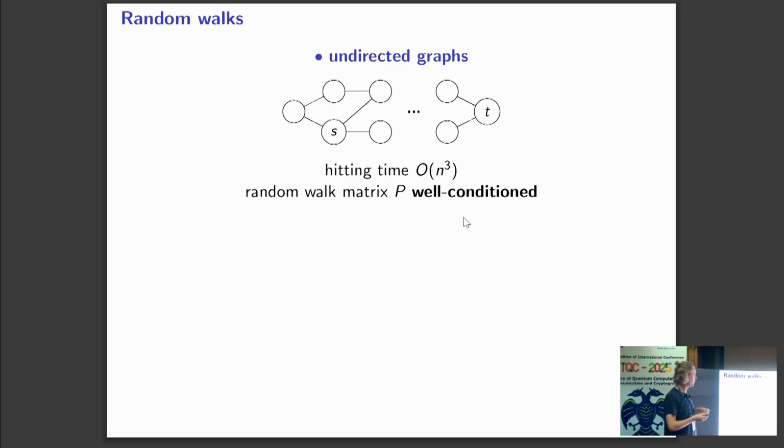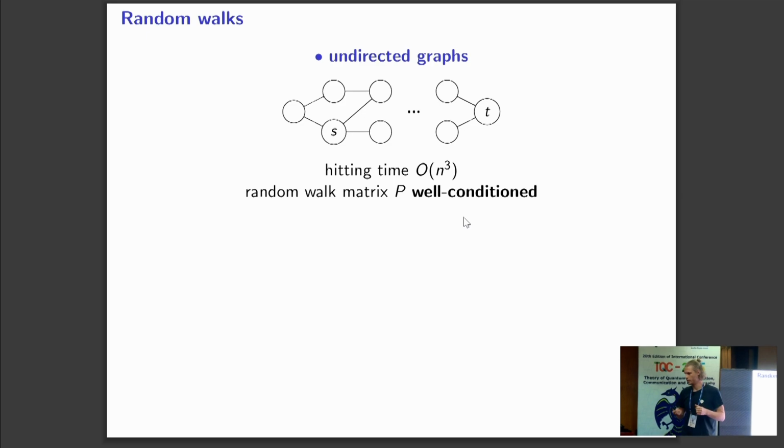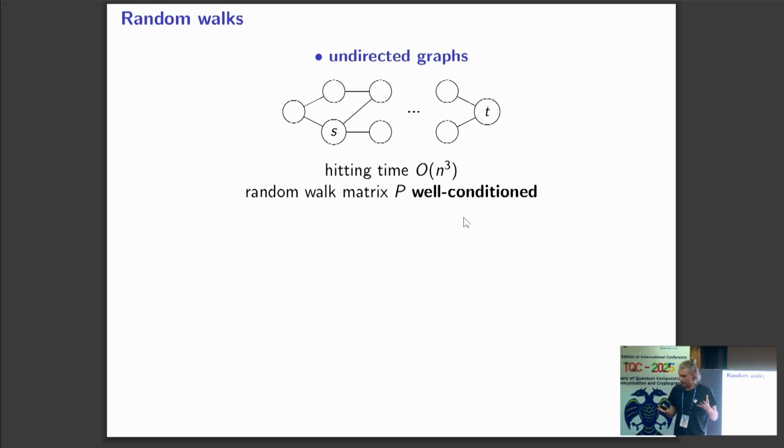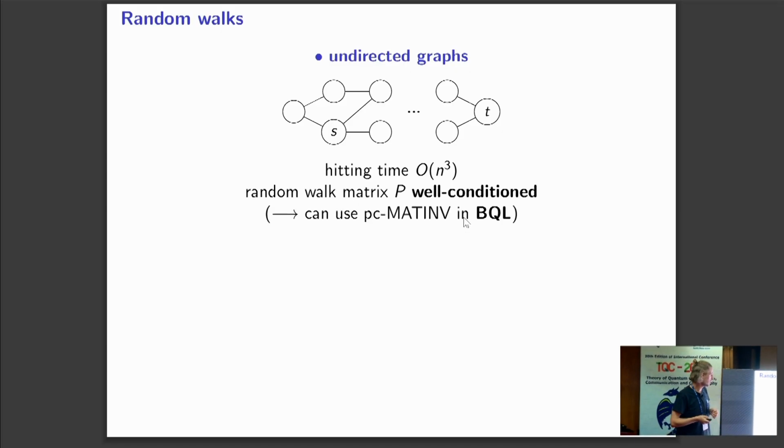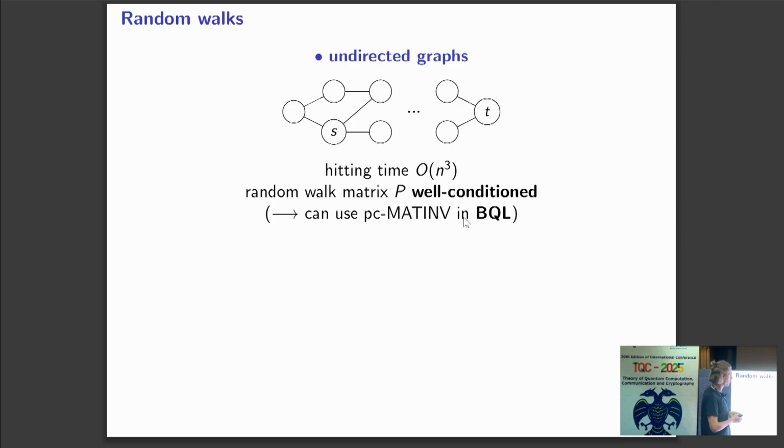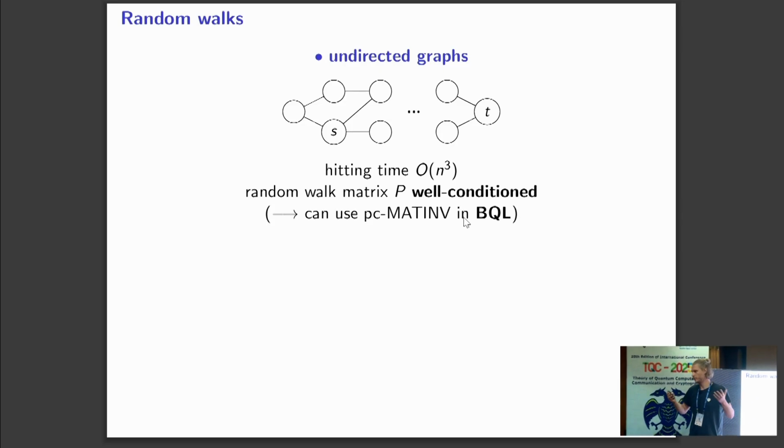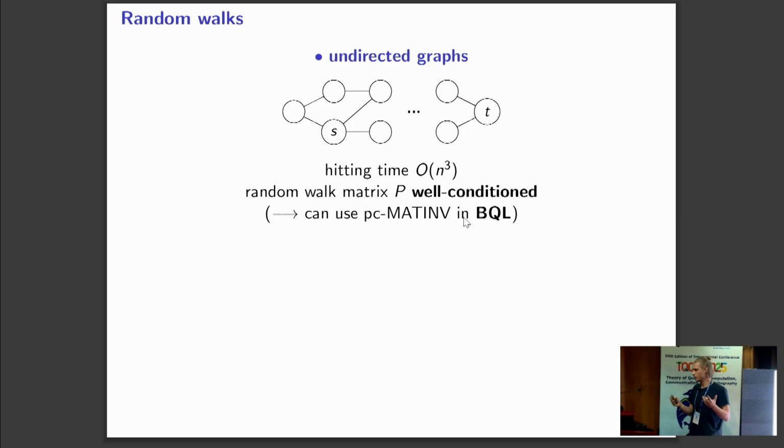That means, in particular, that the random walk matrix P, which you can associate to a random walk on this graph, is going to be well conditioned, okay? And again, this poly in the size of the state space is what we call well conditioned now. And that implies, for instance, that we can use polyconditioned matrix inversion to solve this problem in BQL. Okay, that's not very interesting because you can already solve it in L, in fact, but still.